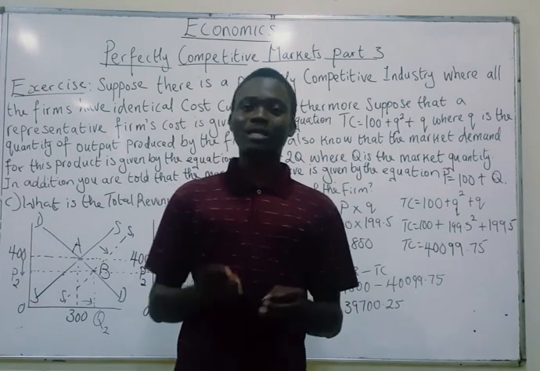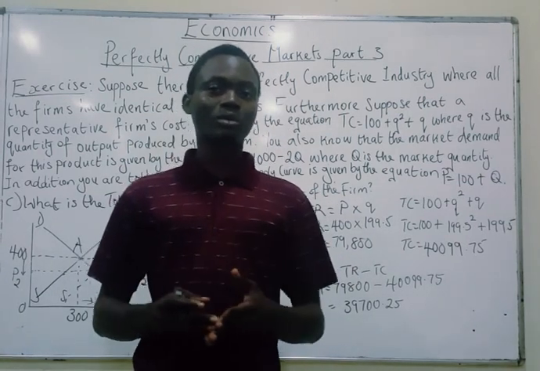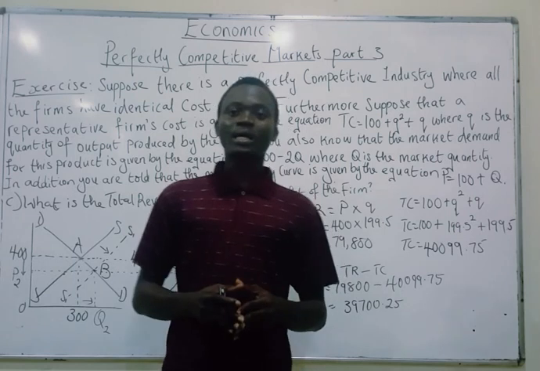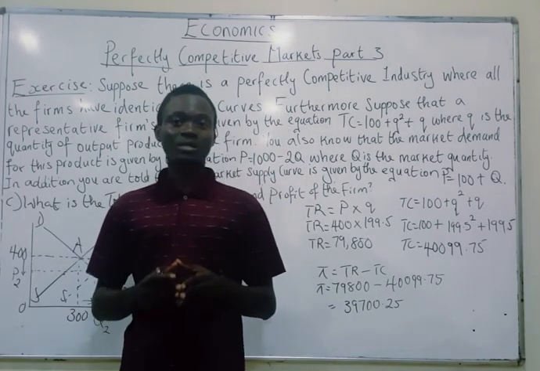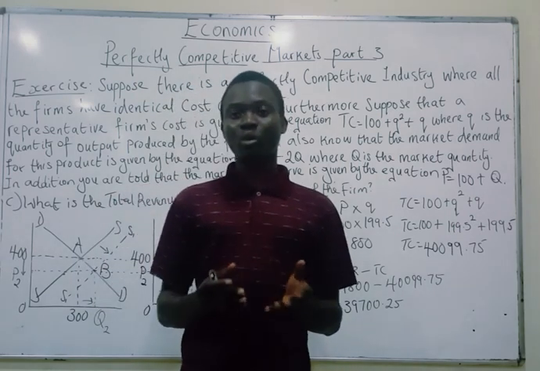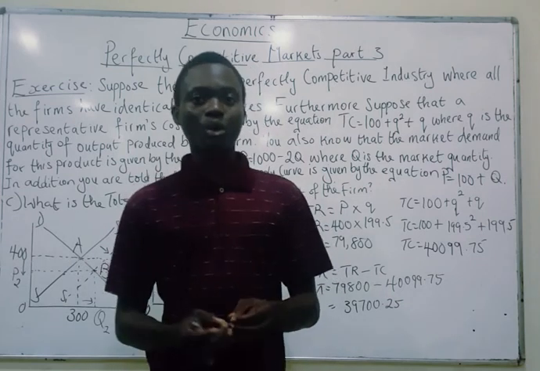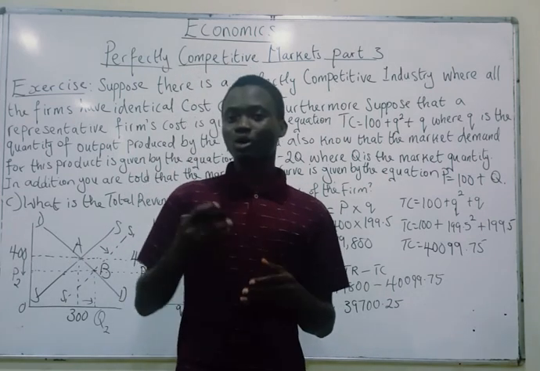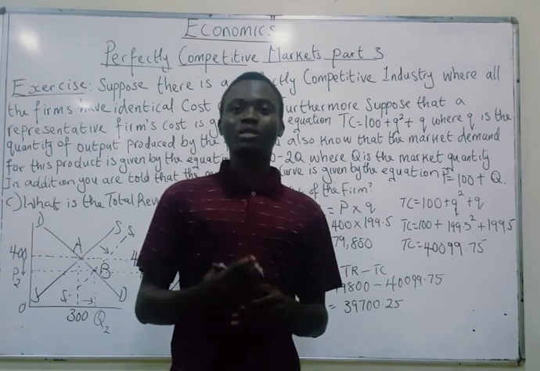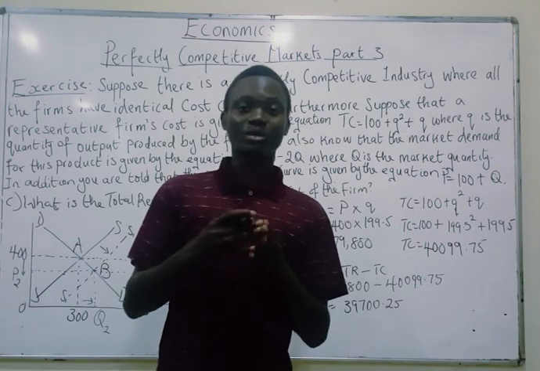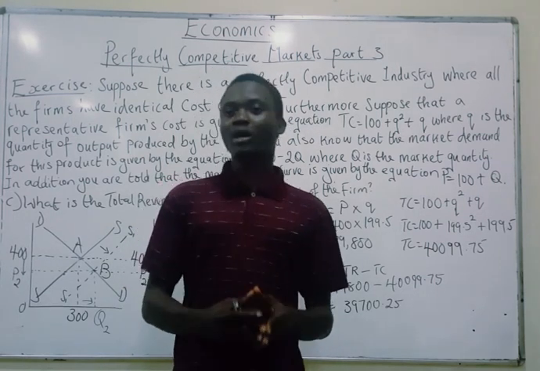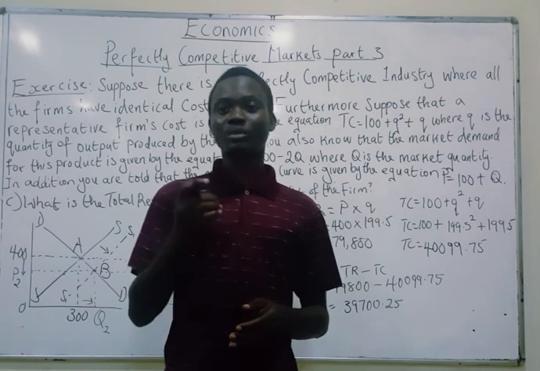When we say zero economic profit, we are simply saying that each firm would produce at its efficient scale, which is the minimum average total cost. So entry will continue until the positive economic profit is totally eradicated and each firm begins to produce at its minimum efficient scale.